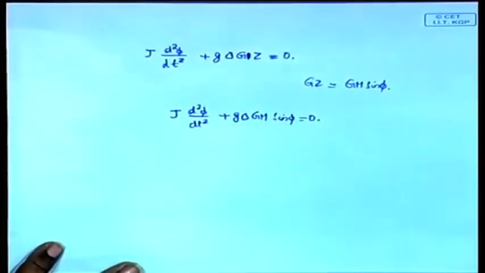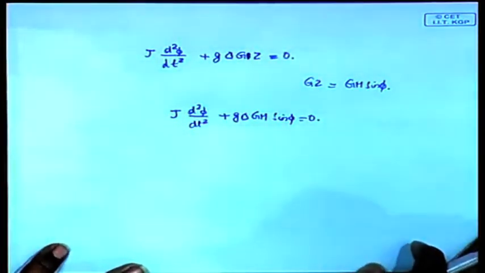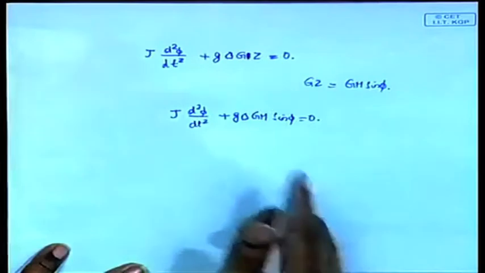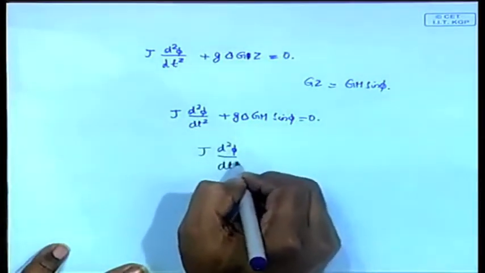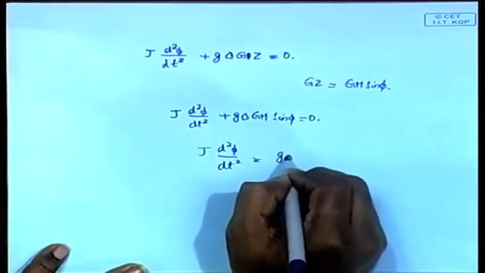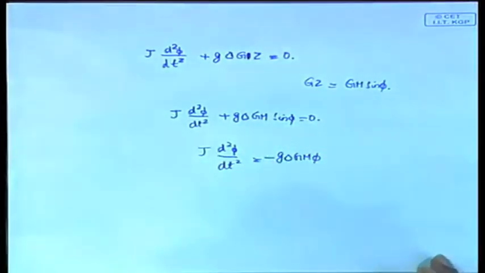Now, let us consider small angles of heel, that is phi in the range of 0 to 15 degrees probably. Therefore sin phi is equal to phi, therefore J into d squared phi by dt squared is equal to minus g delta GM phi. So what is this?